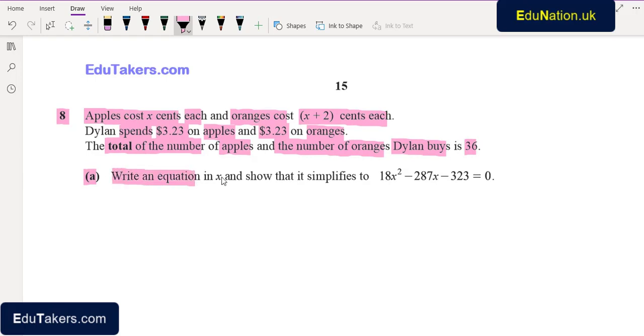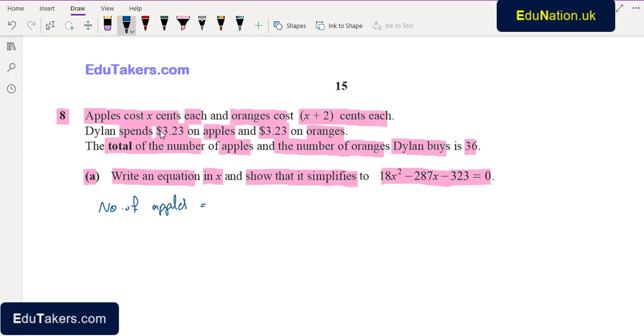Write an equation in x and show that it simplifies to 18x squared minus 287x minus 323 equals 0. Number of apples equals... Dylan spends $3.23 on apples.